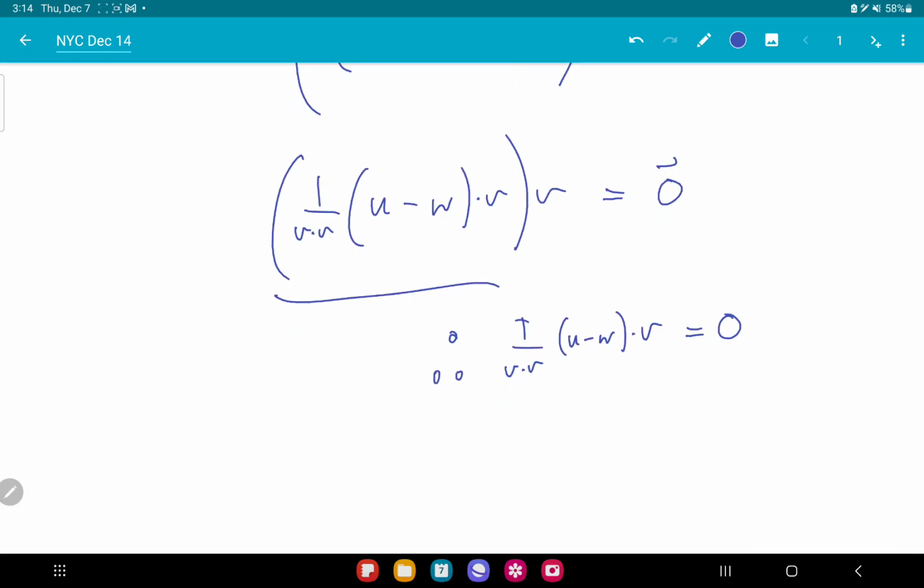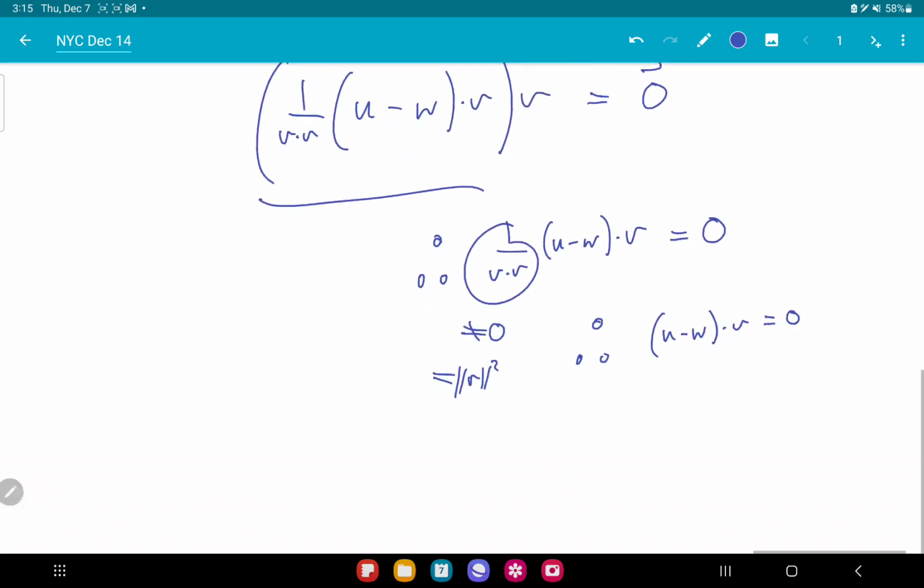And then you say, well, this is not 0 because it equals the length of v squared. And v is non-zero, so its length is non-zero. So therefore, u minus w dot v is 0. And these are non-zero vectors, so therefore u minus w is perpendicular to v.